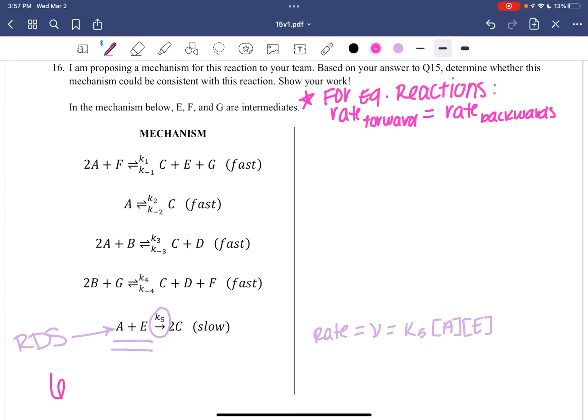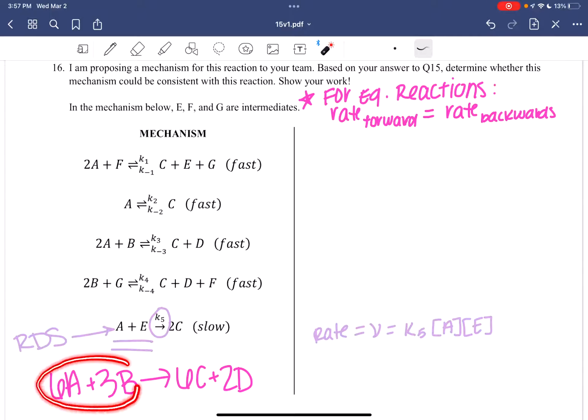It was 6A plus 3B goes to 6C plus 2D. So our only reactants for this overall chemical equation are A and B. Those are the only ones that we should see in the overall rate law. We don't want any intermediates and we don't want any products.